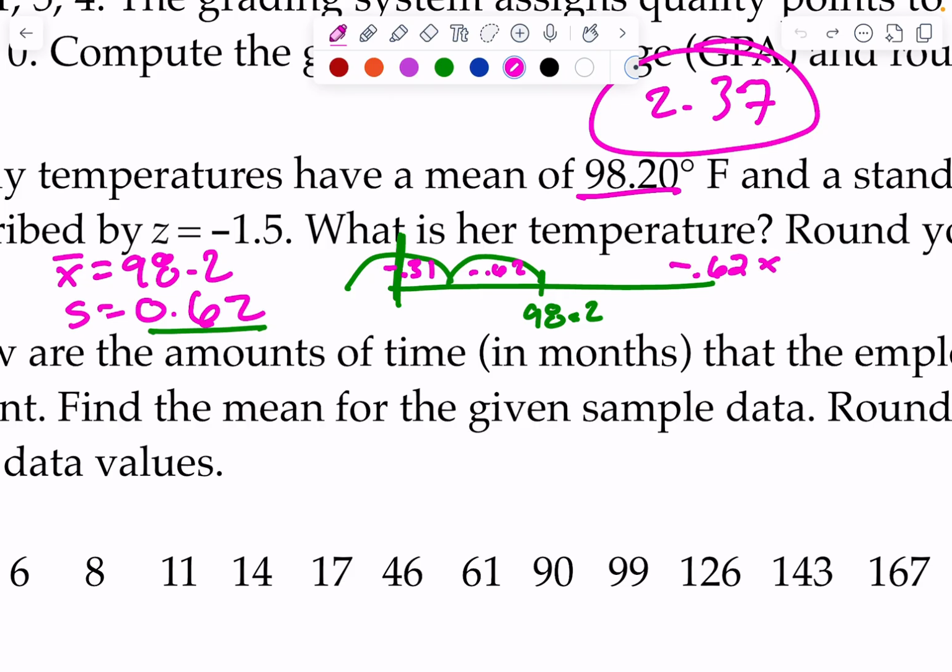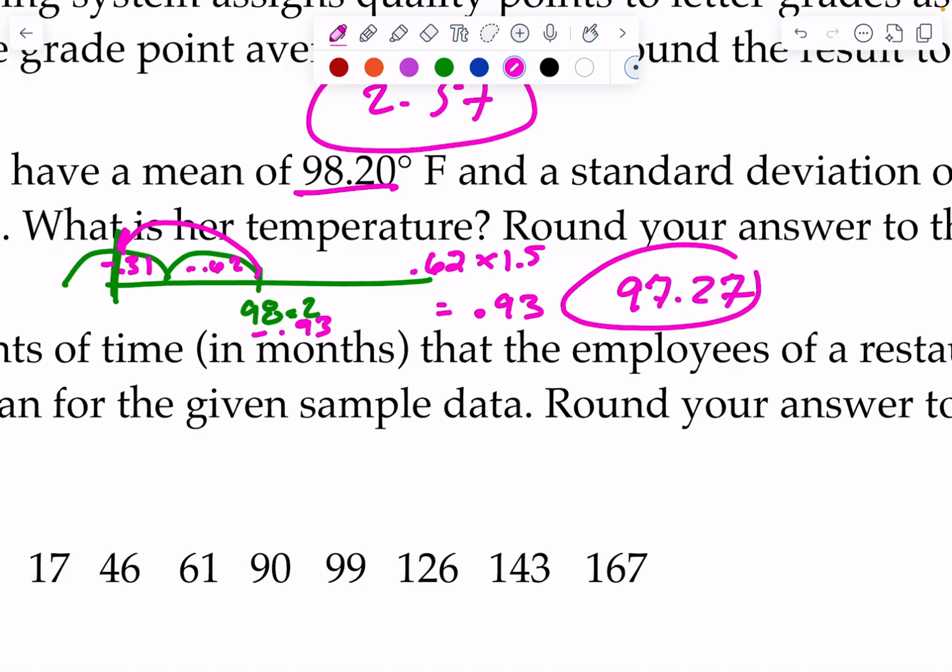Actually, I'm just going to do positive 0.62 times 1.5, and that's going to end up giving you 0.93, and that's how far you are, and you're going to end up subtracting 0.93 from the 98.2. 98.2 minus 0.93, okay, is 97.27.